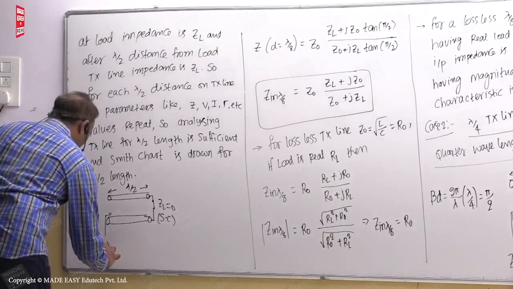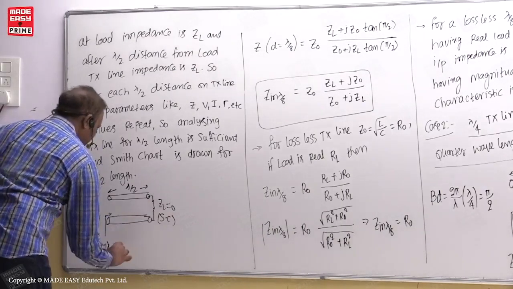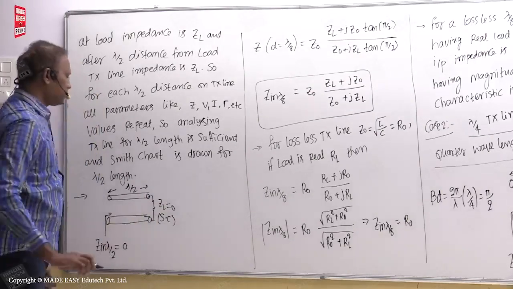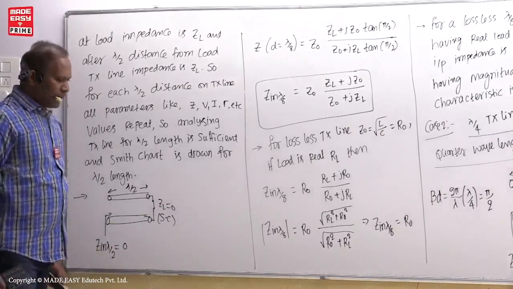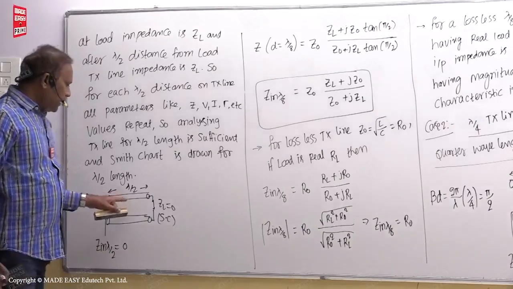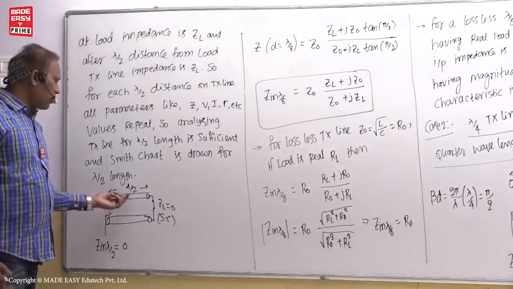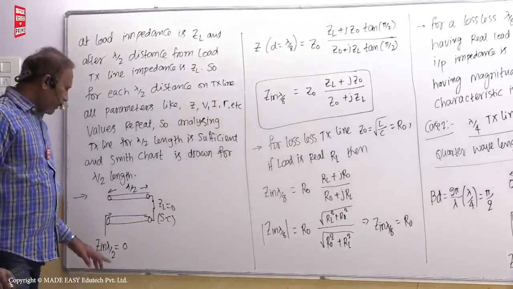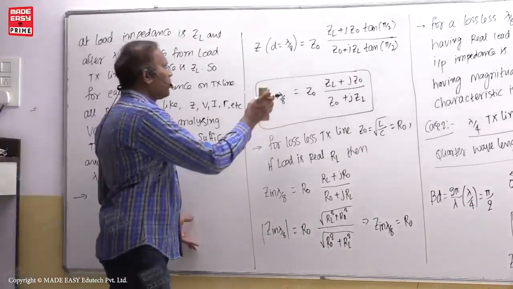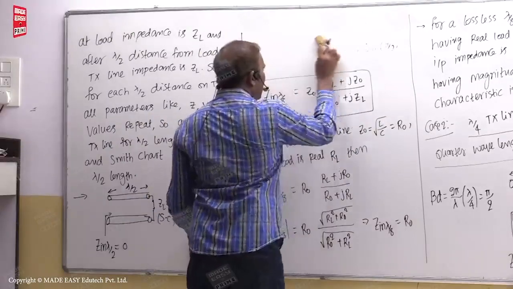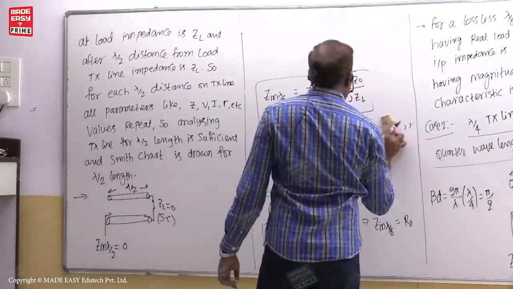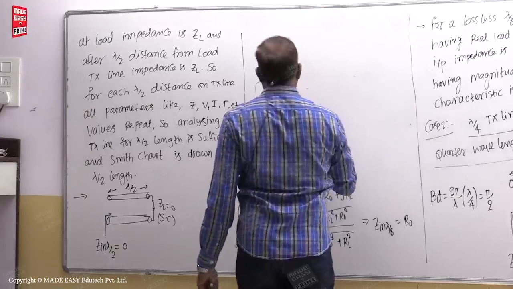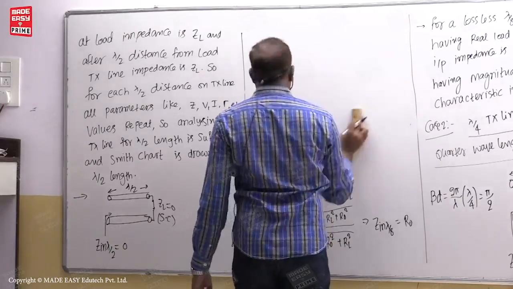The input impedance of a lambda by 2 line is nothing but ZL, that is again 0. That means you take any transmission line whose length is lambda by 2, then automatically the input impedance becomes 0. Now this principle can be used to reject some frequencies, as a band reject filter.